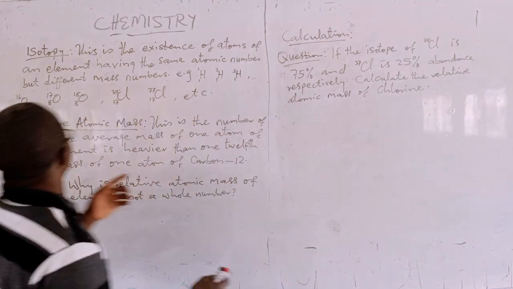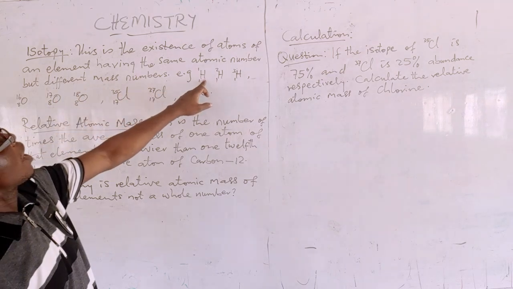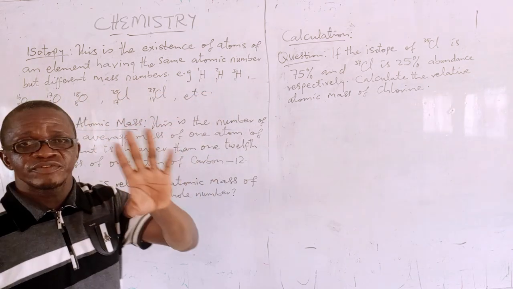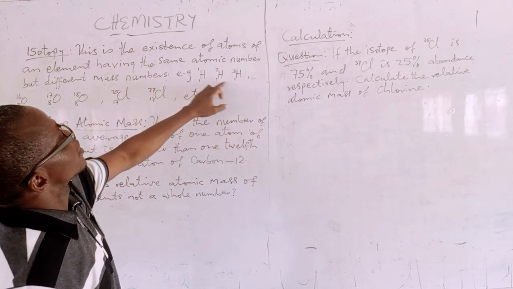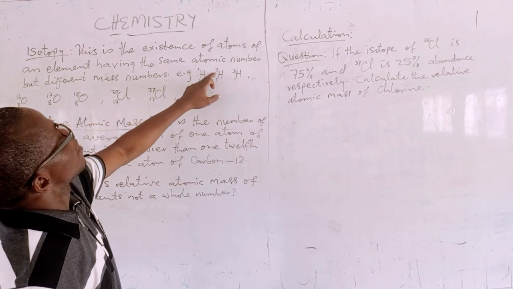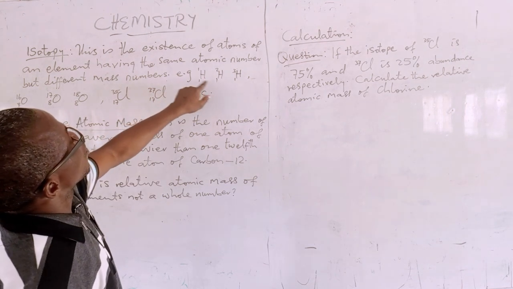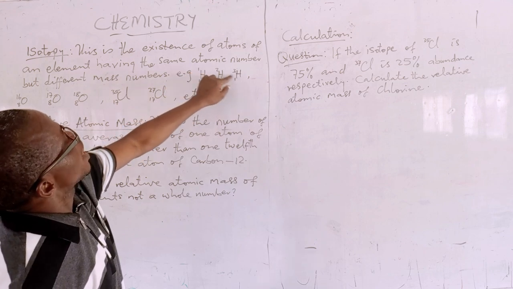For example, you have hydrogen, three different atoms of hydrogen with the same atomic number but different mass numbers. If you check, atomic number one, mass numbers one, two, and three.